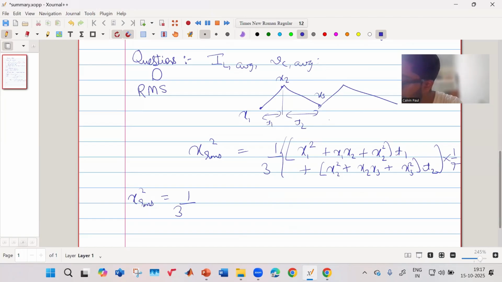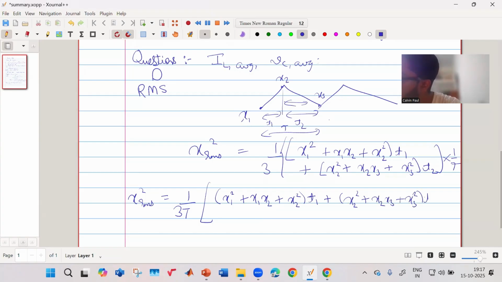There's a factor of 1 by 3 divided by the time period, that is your total time T, into (x1 square plus x1 into x2 plus x2 square) into T1. Okay. Then for the next section, it would be (x2 square plus x2 into x3 plus x3 square) into T2. So this is the formula for your RMS.